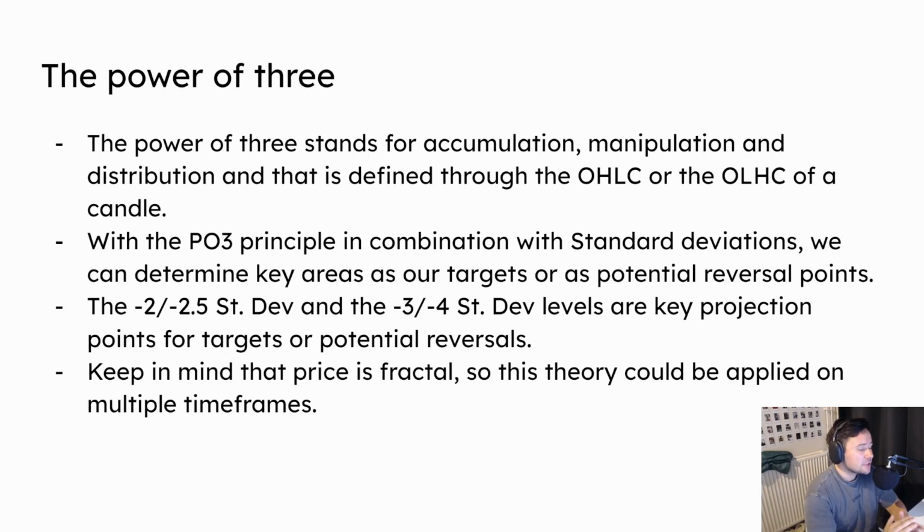So in conclusion, what will this say? Well, let's refer back to the economic calendar. We know that on the Monday and on Tuesday we did not have any news events, so we expect price to be in an accumulation range. Wednesday onwards we had high impact news, so we anticipate price to manipulate, and that is where the standard deviation levels come in, because these are the areas where we can look for potential reversal points.